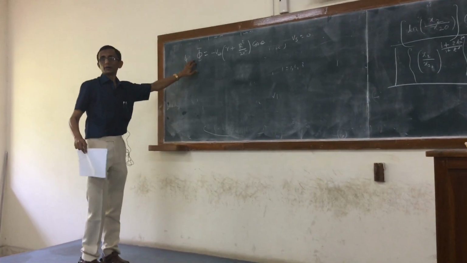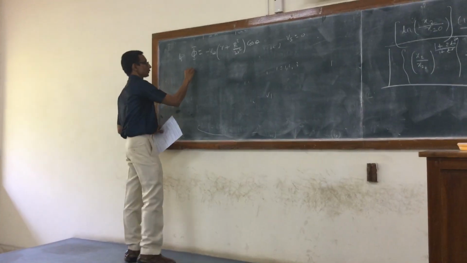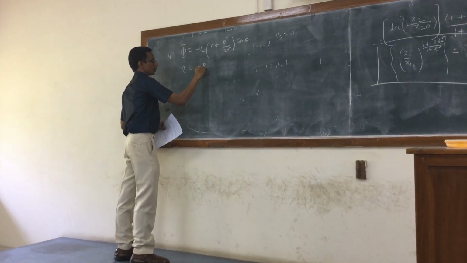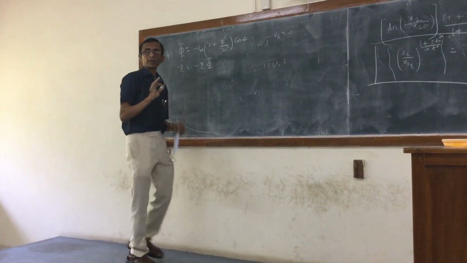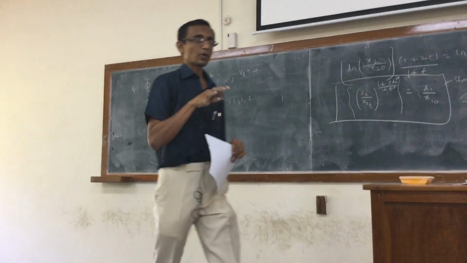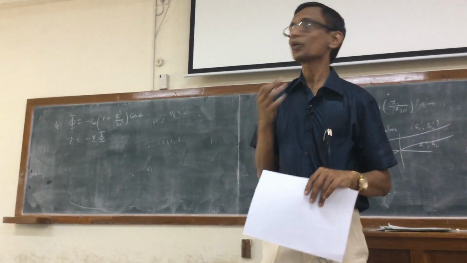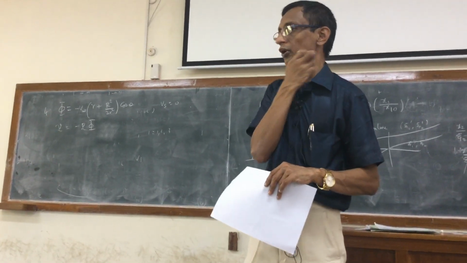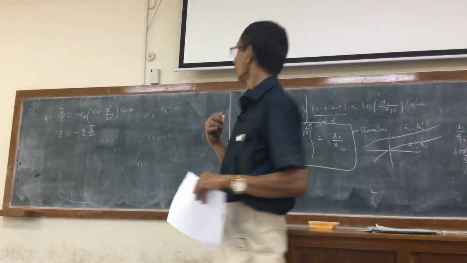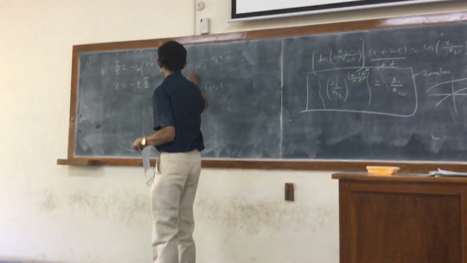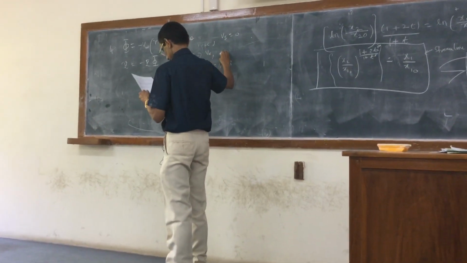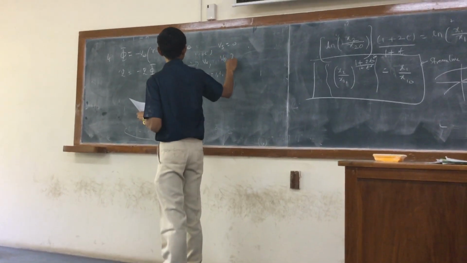Once this is given, all you have to do is differentiate. It involves only differentiation, so you go to the formula for the gradient in spherical polar coordinates and simply carry out the differentiation and you will get v_r and v_theta. That's easy to get.